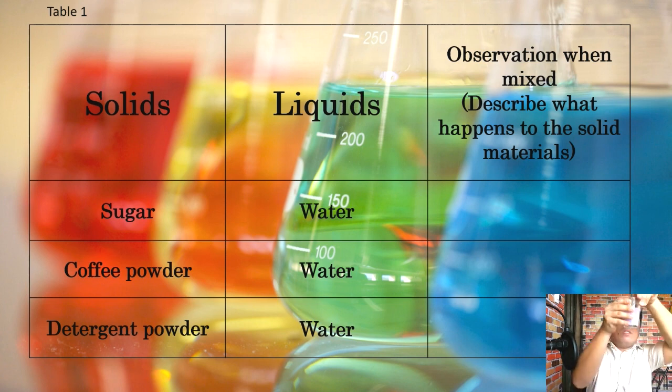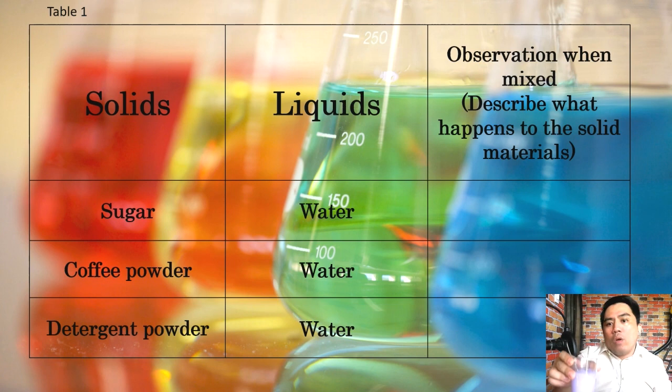Okay, so based again on my observation, the detergent powder was also dissolved in water. Okay, so you can also try this at home. So you can perform this activity so that you can answer your activity sheets correctly. Okay, because your answer will depend on your observations based dun sa activity na ipiperform ninyo.